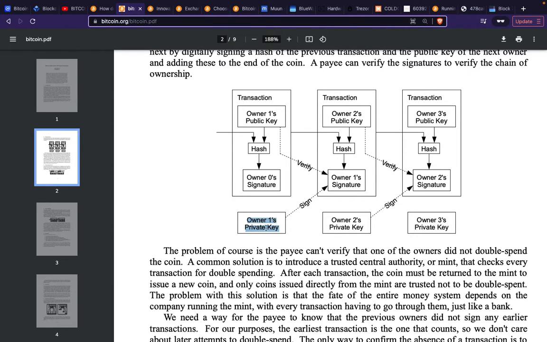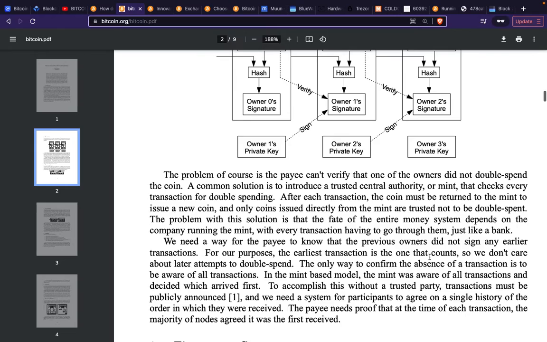The owner's first private key. You have this over here on the first signature, right? This has to get reported over here, right? And then the second one has to be reported over there, right? This is how you make a chain, and this will be reported on the fourth, right? It becomes a chain.